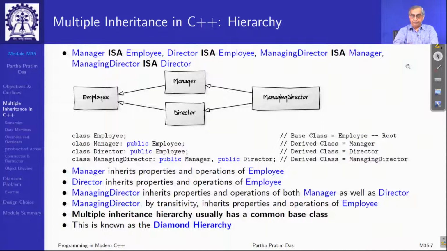We can see a refinement of this idea, say in the scenario of employees and managers and directors and managing directors. So, let us look at it: we have employees who are managers and who are directors, and each one of them is an employee in some way, right.